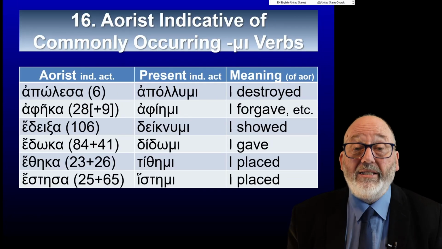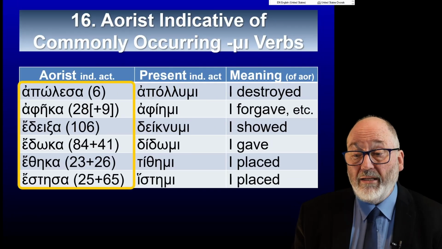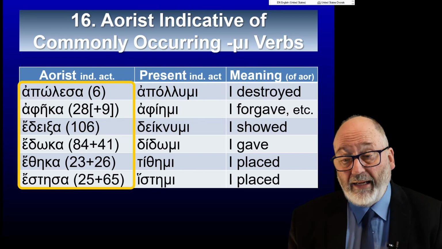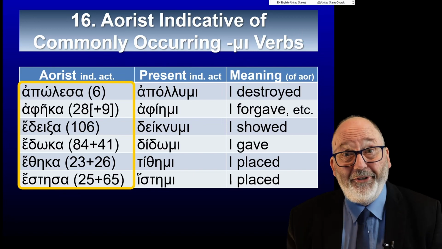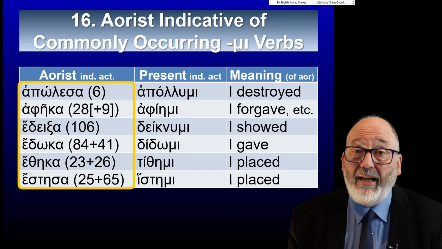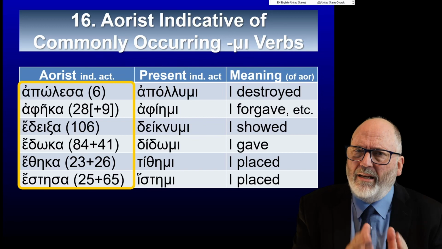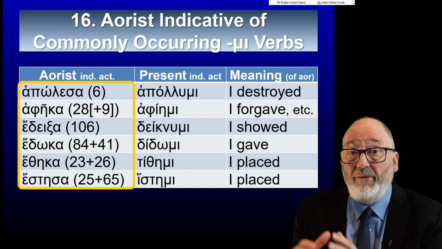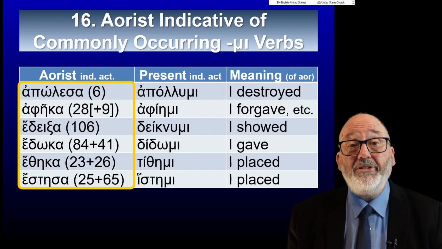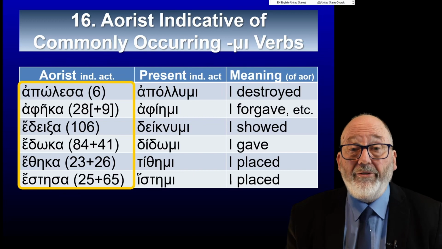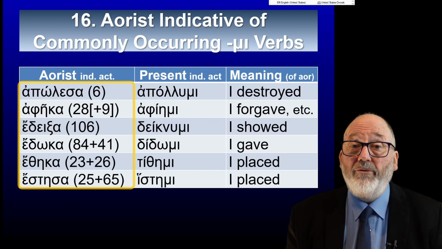If you look down the list, you'll see that they go apolesa, aphēka, edeixa. In other words, they all finish with alpha. So that is not an ebalon ending, an on ending, it's an elusa ending. So the aorists of mi verbs generally follow the endings of the weak aorist.